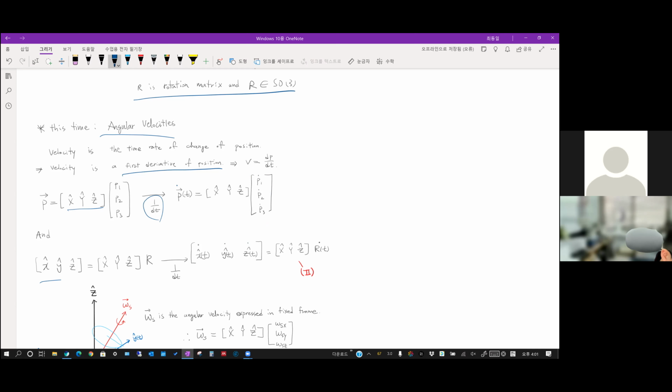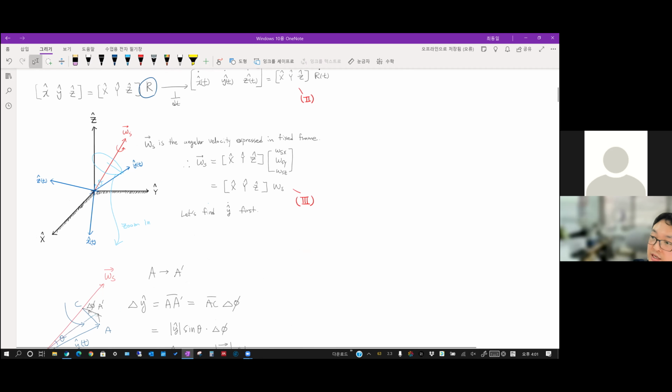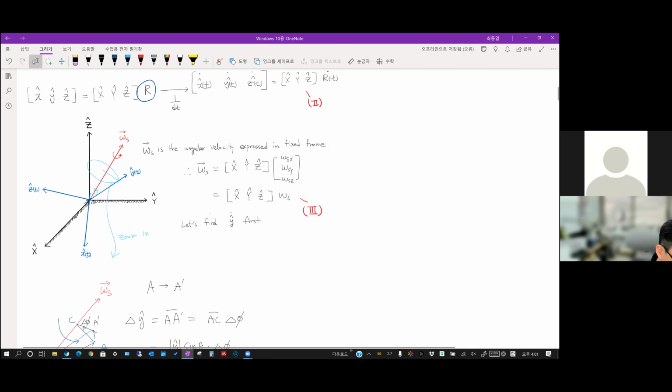And then the rotation matrix can also be differentiated. So if we take the time derivative here, the velocity along the x-axis, y-axis, and z-axis becomes like this. Because this one is constant, this one becomes like this. So let's find out how to calculate this one.